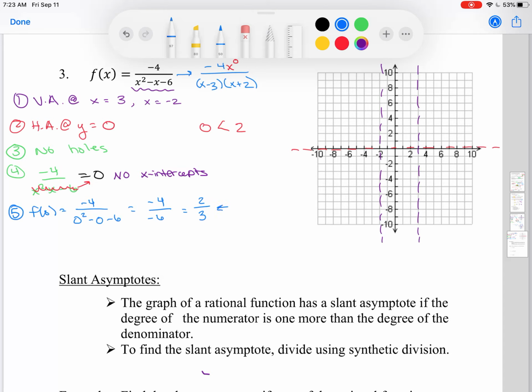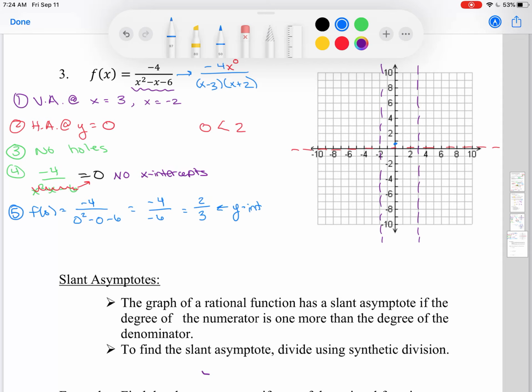So I know that I have a y-intercept at 2/3. So I go to my graph, I look closely to 2 divided by 3 on my y-axis, and that's going to be just underneath 1 on my graph.